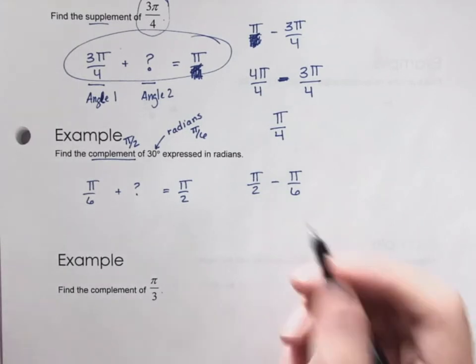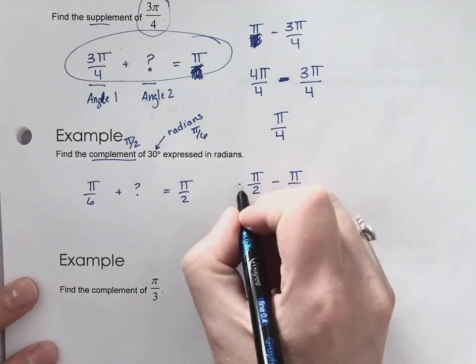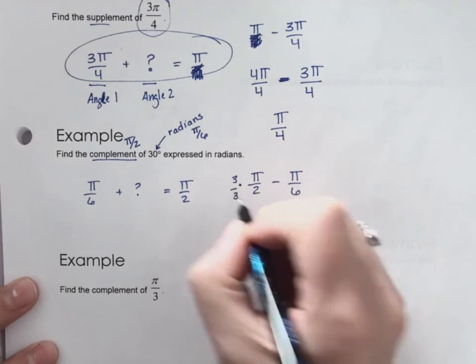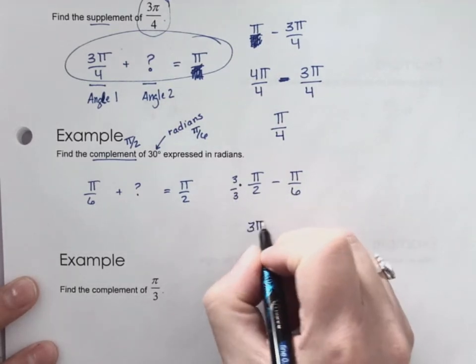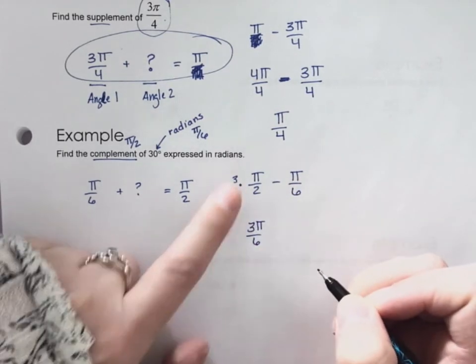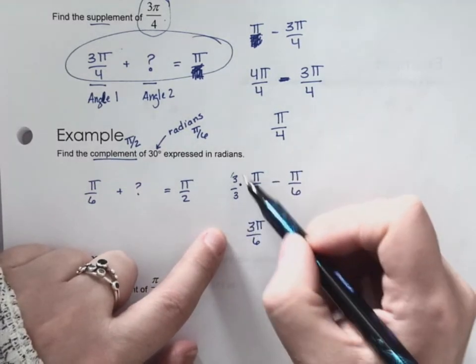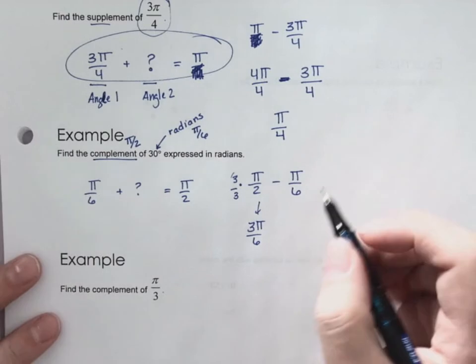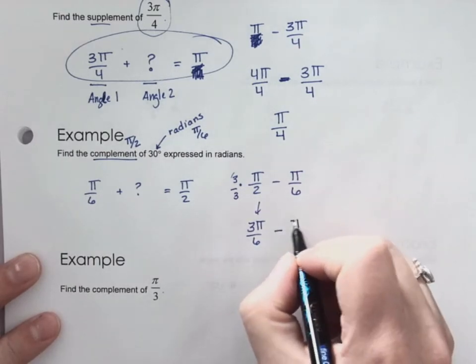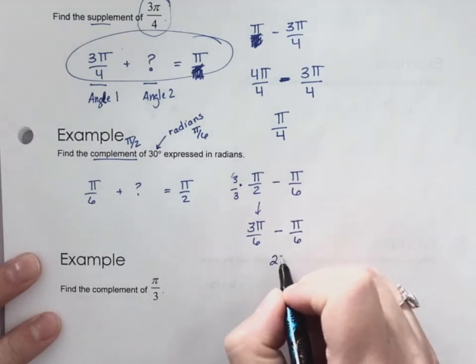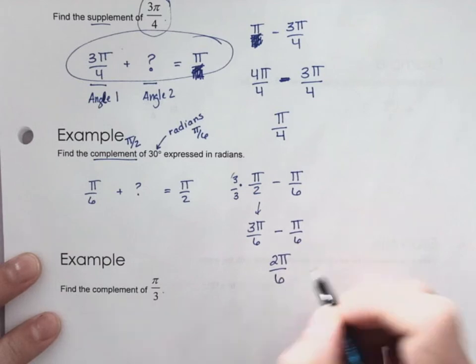Again, we need common denominators. So I'm going to times this by 3, that by 3. So 3 pi over 6, which is half a pi, right? And you don't need to show me this step. If you can just jump right to here, I'm cool with that. 2 pi over 6. Right. So my answer is going to be 2 pi over 6.